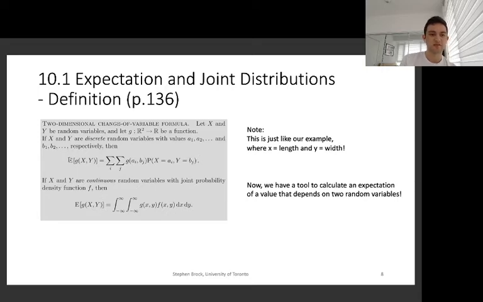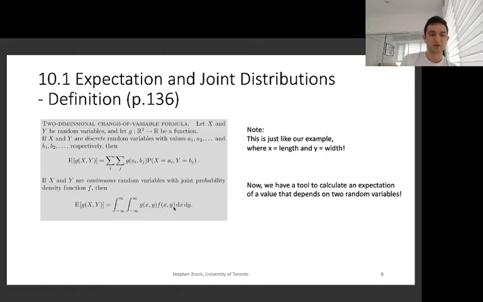So this is very similar to what we just did, except this is for discrete random variables, whereas we were working with continuous random variables. So here we have continuous random variables. If X and Y are continuous random variables with joint probability density function f, then the expected value of g(X,Y) is equal to the integral from negative infinity to infinity, and then the integral from negative infinity to infinity over x and y of g(x,y) times f(x,y) dx dy.